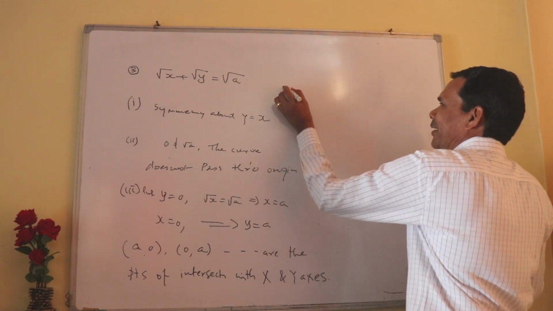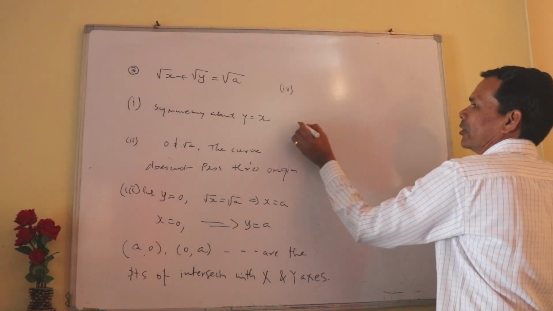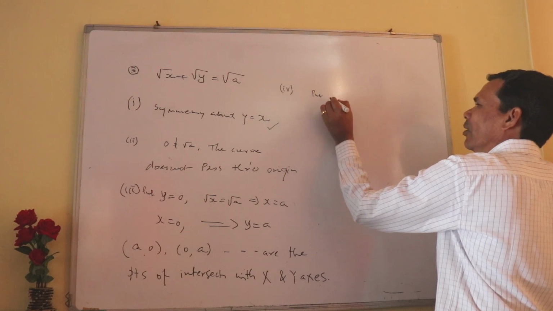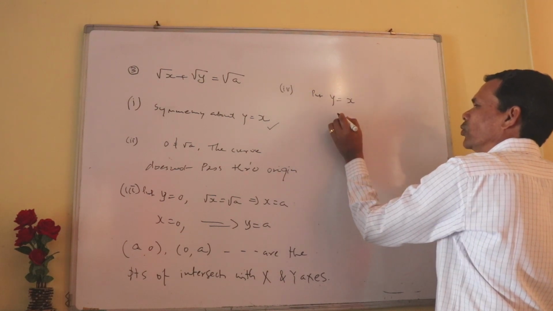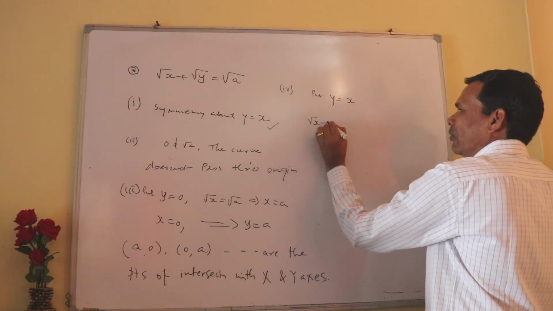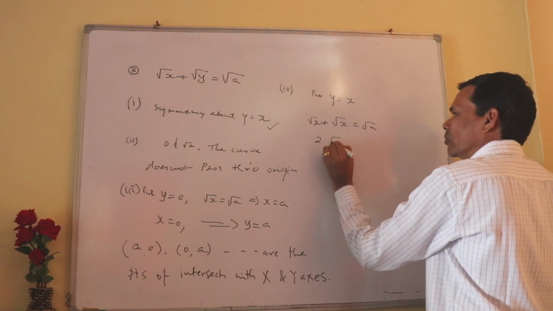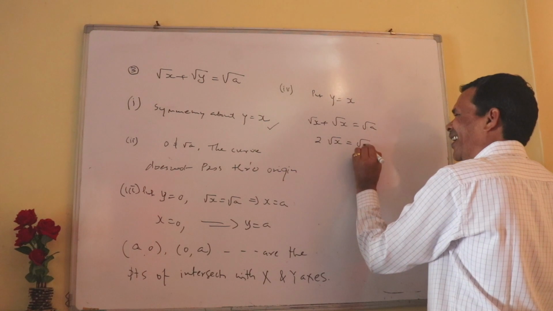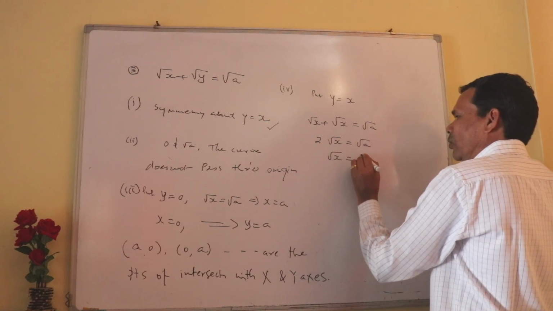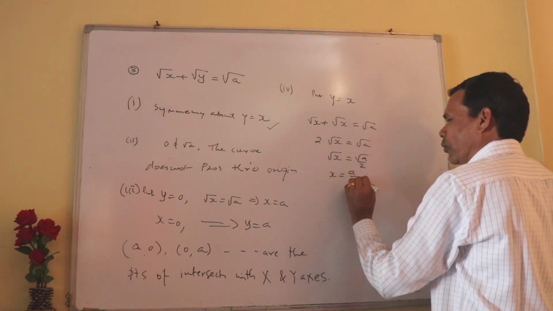Now the fourth point is, we find the point of intersection with the line, because the curve is symmetrical about the line. So put y is equal to x in the equation of the curve to get the point of intersection with the line y is equal to x. So root x plus root x is equal to root a. So 2 times root x is equal to root a. So root x is equal to root a divided by 2, which means x is equal to a by 4.